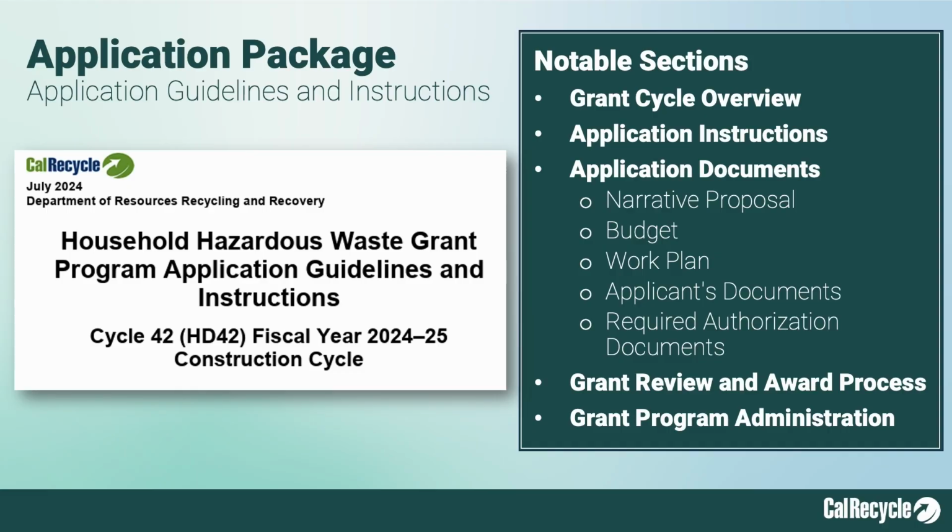This document provides information on eligibility, grant term, funding, how to access and complete information in the Grants Management System, also known as GMS, application documents, authorization documents, the grant review and award process, and grant program administration. It is very important that applicants read this document in its entirety to ensure submission of a complete and eligible application.